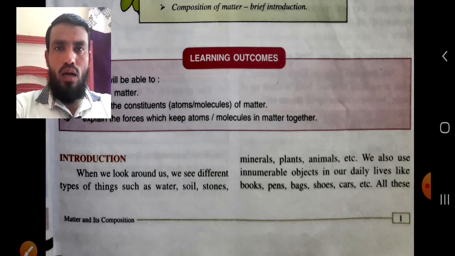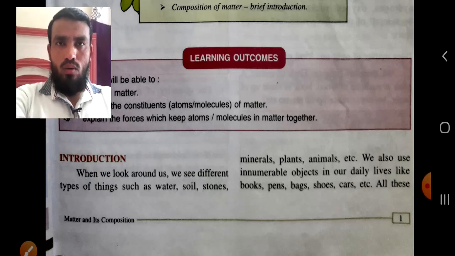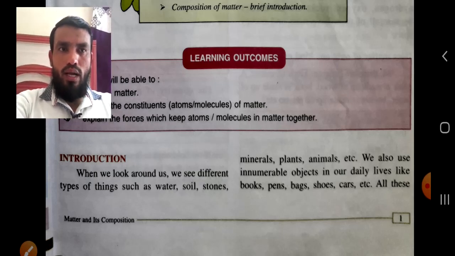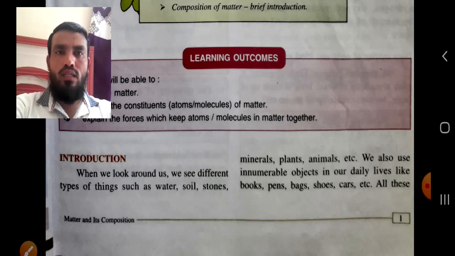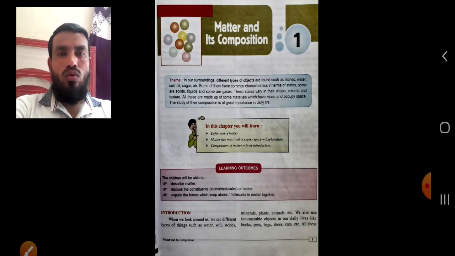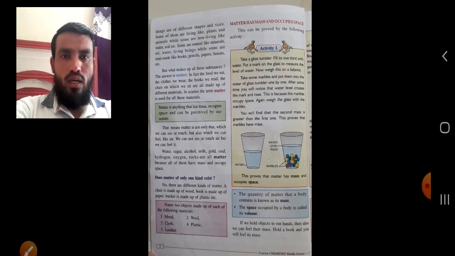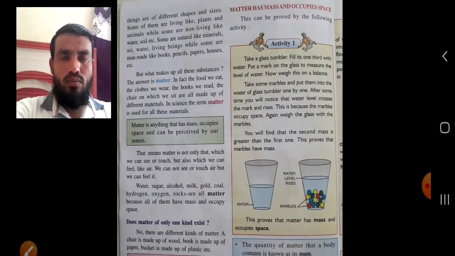We are going in the car, we are using shoes, we are wearing clothes, we are eating food, we are drinking water. So many things we are using in our day to day life from morning to evening. So what actually are all these things, and who made these things, that we will discuss in this chapter. So let's see the next page.